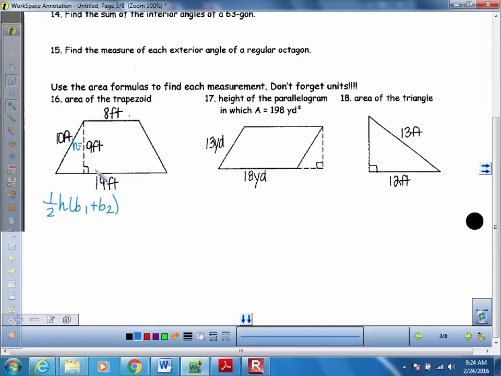It does not matter which one's base 1 or base 2. It can be either. So the way you'd set this up is 1/2 times 9 times 8 plus 14. When you plug that into your calculator, that ends up giving you 99. And remember, we're multiplying two things that have feet, so it would be feet squared.